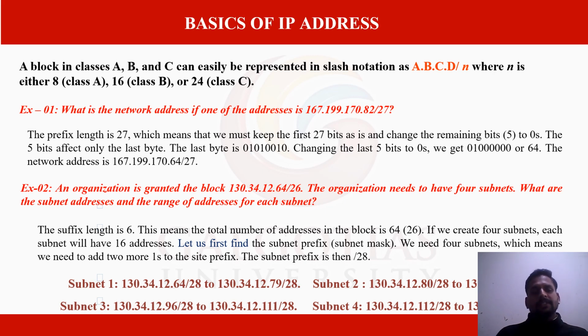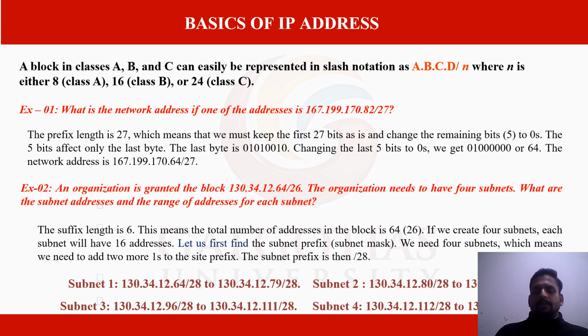Okay, so those 6 bits only we are going to use for address ranges here. So the total number of addresses is 2 power 6, which gives 64. Okay, that's what they are giving here. So the total addresses we can create is 64.